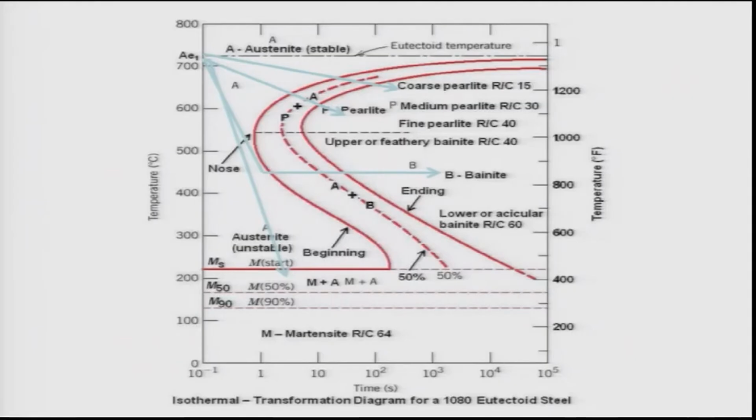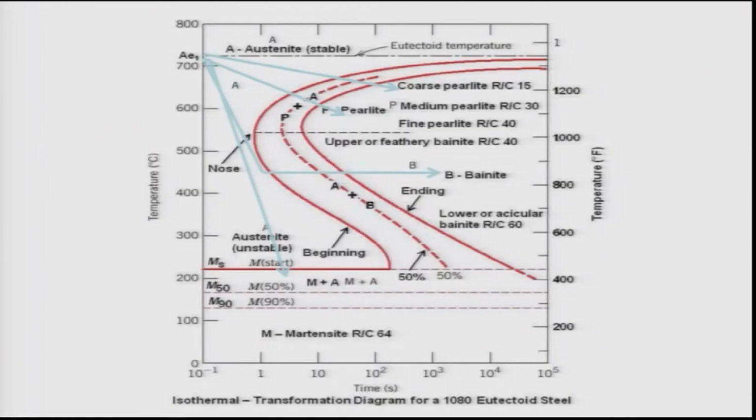Upper bainite forms at about 450 degrees Celsius, and lower bainite forms at about 280 to 350 degrees Celsius. So this tells us that the bainitic morphology can be changed depending on the holding temperature. Whatever the holding temperature, the sample needs to be cooled rapidly enough to bypass the nose of the austenite to pearlite transformation.